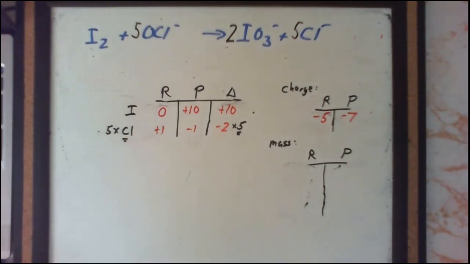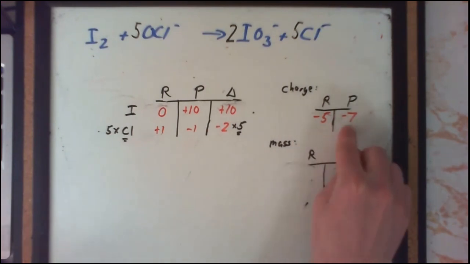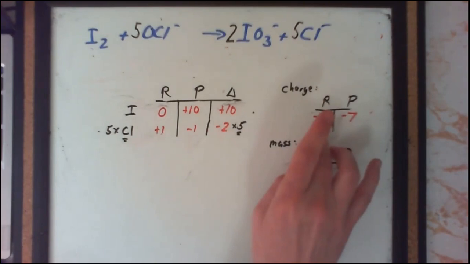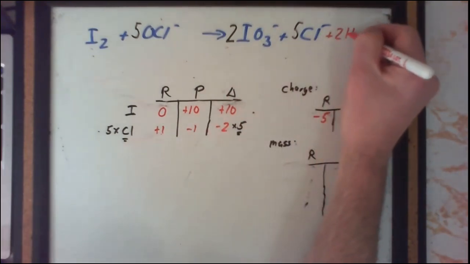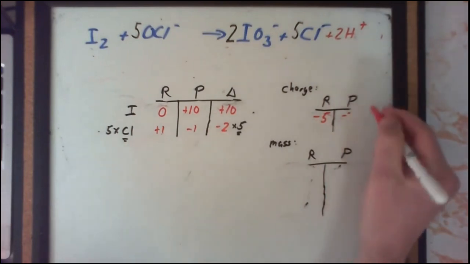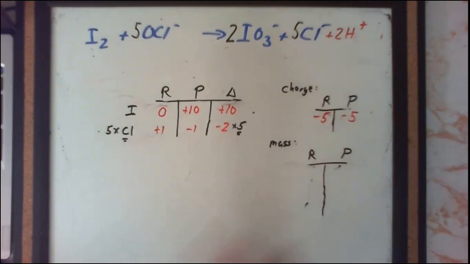All I'm doing is adding hydrogen ions, so all I can do is make a total charge more positive or less negative. So I can make a -7 to a -5, but I can't make a -5 into a -7. So I can make the -7 to a -5 by adding 2 hydrogen ions, 2 H plus ions on the product side. So now the total charges are the same, -5 and -5.